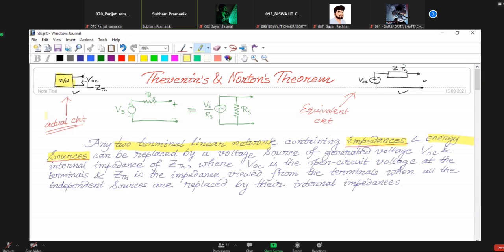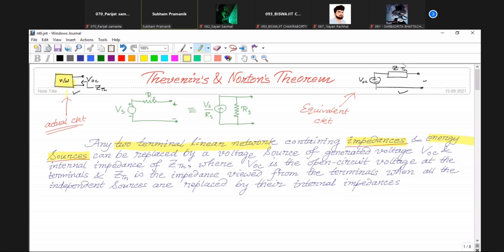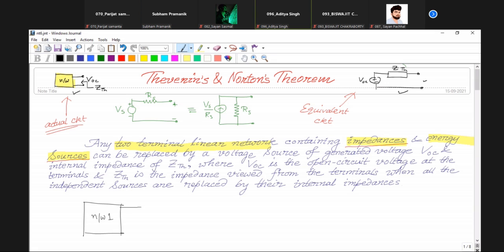Suppose only 2 terminals are available and you don't know actually what are the components of this device. Even then, there is a way of analyzing this. Suppose you have a condition like this. You have one network, say network 1, with 2 terminals, and in these 2 terminals, another network, suppose network 2, is connected.